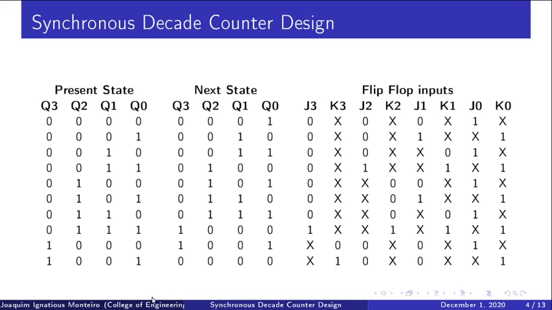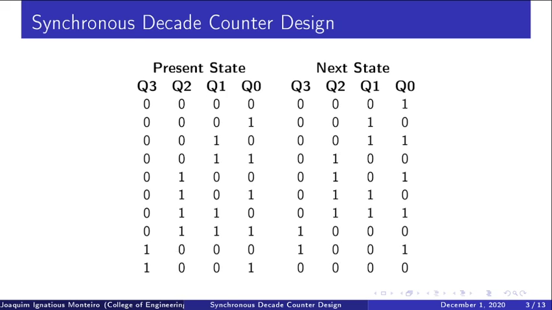I want you to just draw this. We have skipped a step in between. After this, for your reference, you can draw the excitation table of the flip-flop, that is the JK flip-flop in this case, on some corner of your paper, so that you can refer to it and fill up the state table fully with the flip-flop inputs.